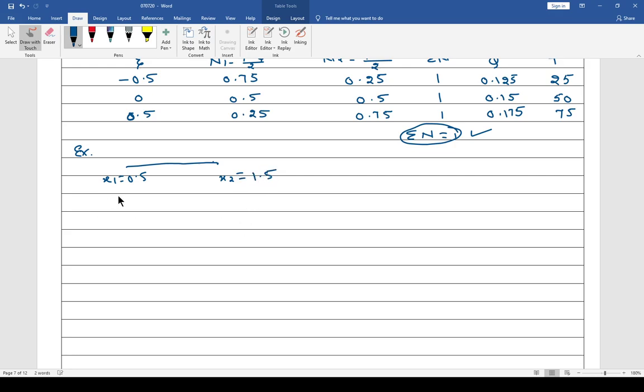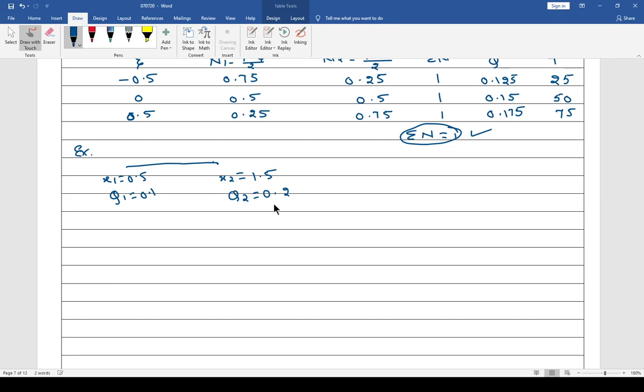The displacement is given, q1 equal to 0.1, and the displacement q2 is equal to 0.2.